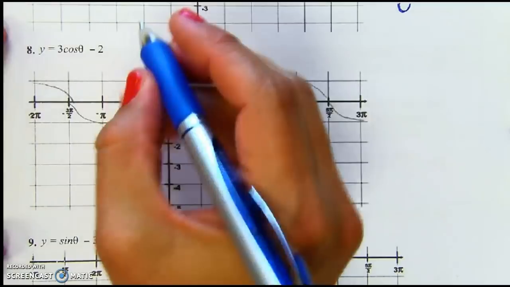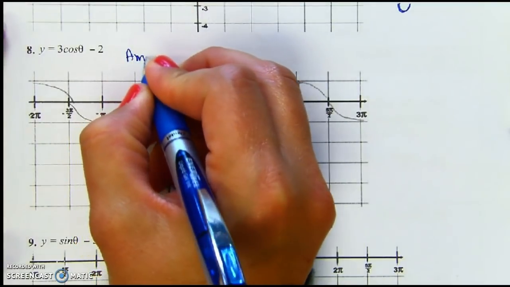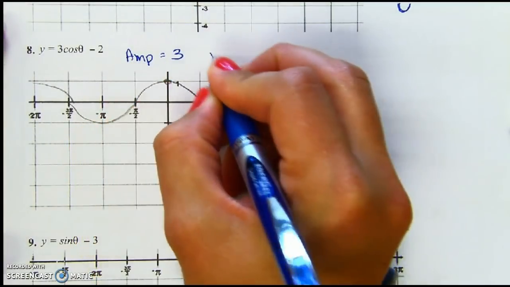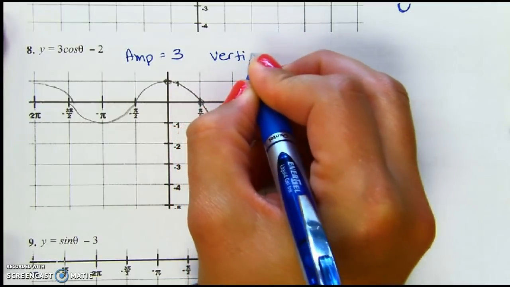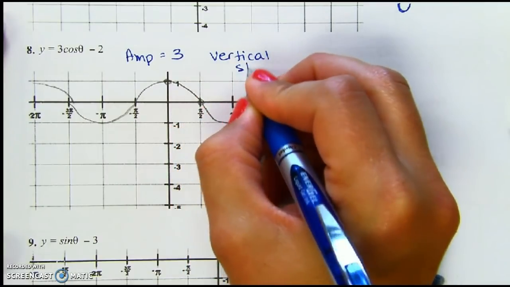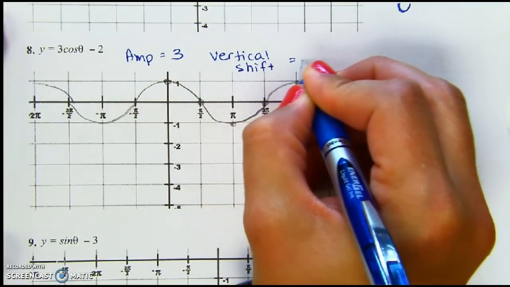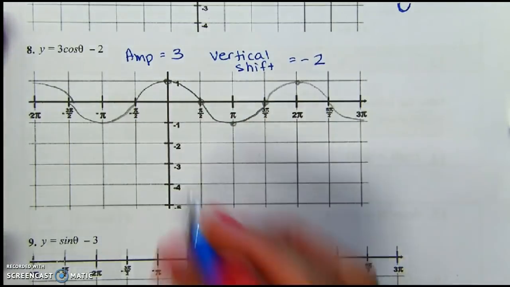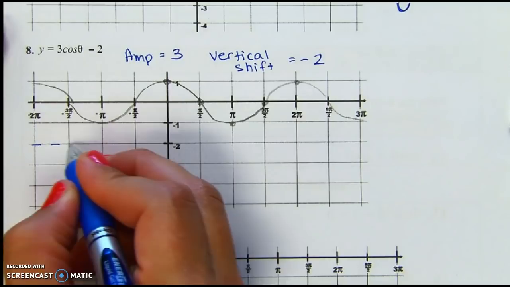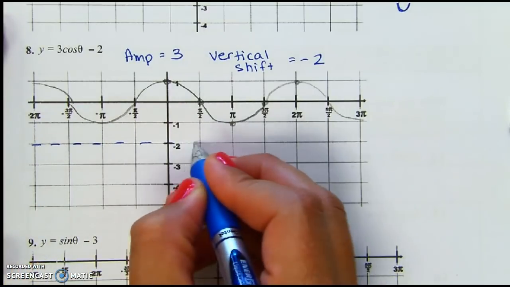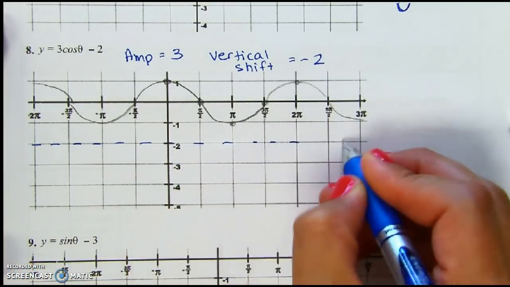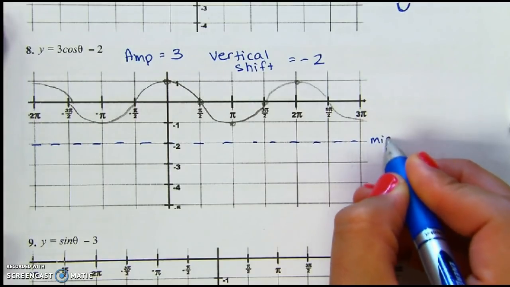Now what has changed? So we see that the amplitude equals 3, and the vertical shift, it's been shifted what? Down 2. So we're going to go down 2, and that creates our new what? What's that called? Our new midline. Midline.